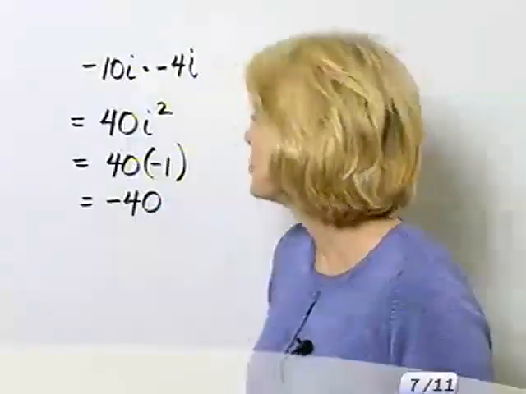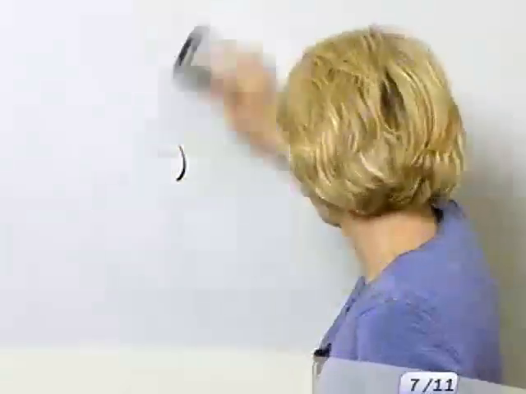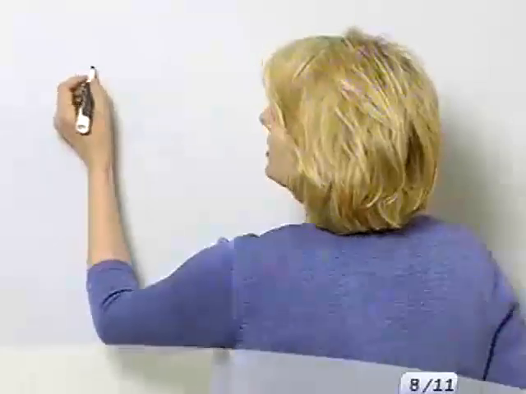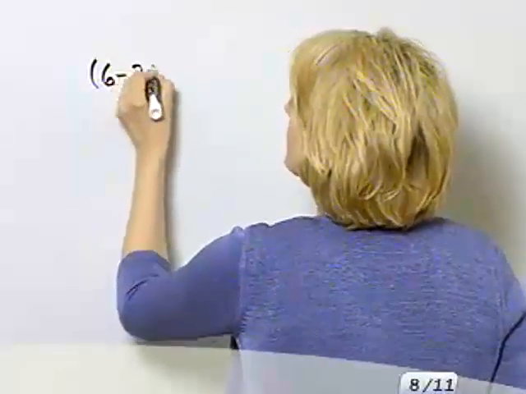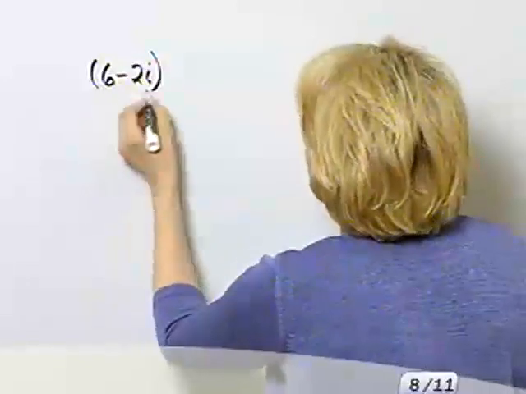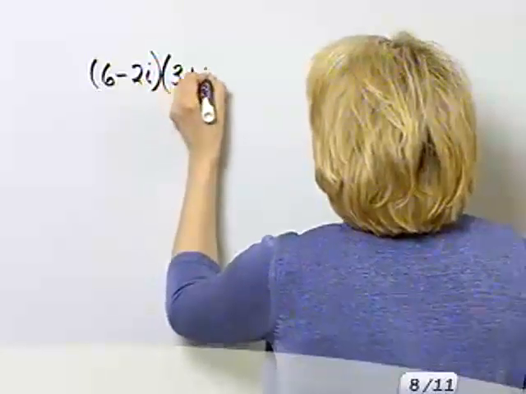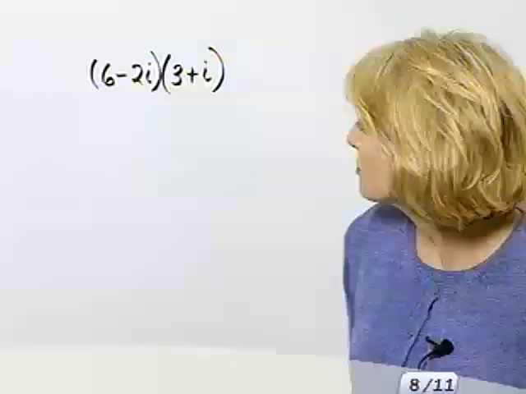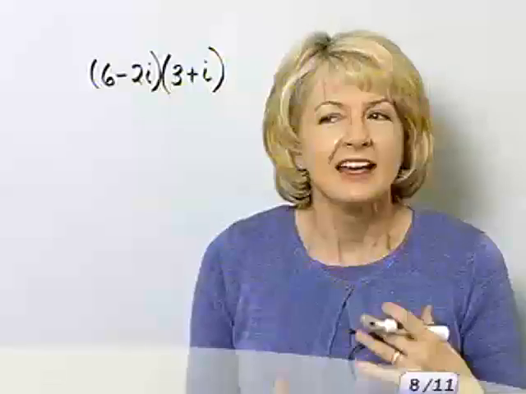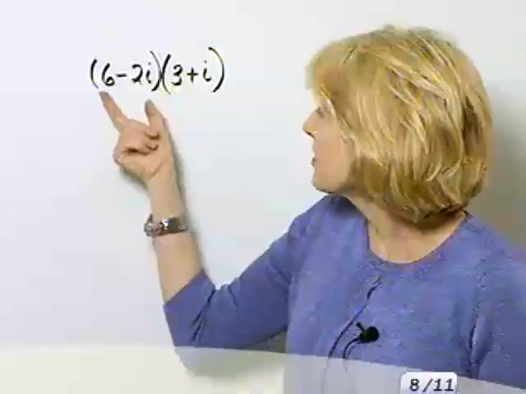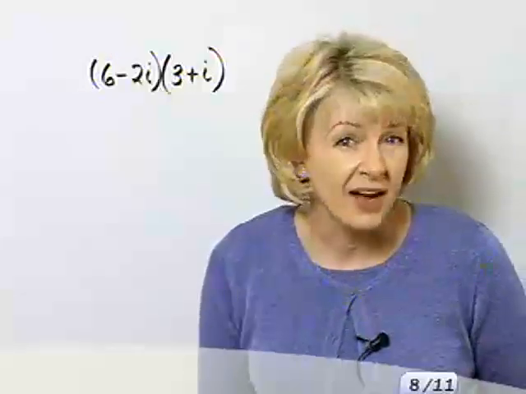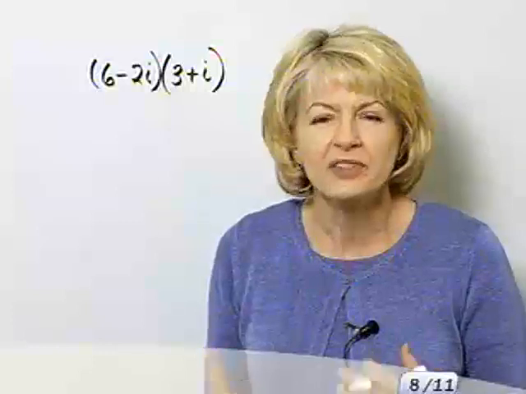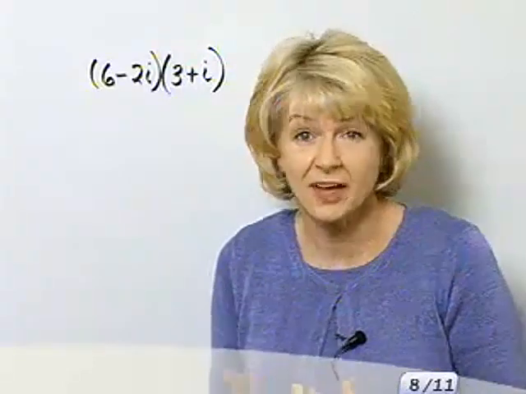Let's continue to multiply. Let's multiply the complex number 6 minus 2i, that's a complex number, times that complex number 3 plus i. If it helps, you might want to think of it as a binomial times a binomial. So let's go through and use the FOIL order of multiplying.